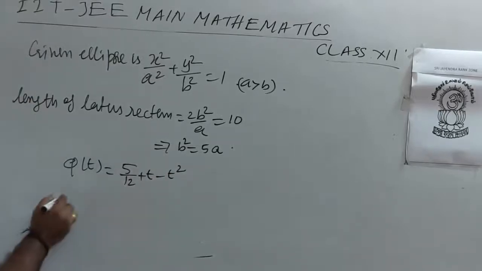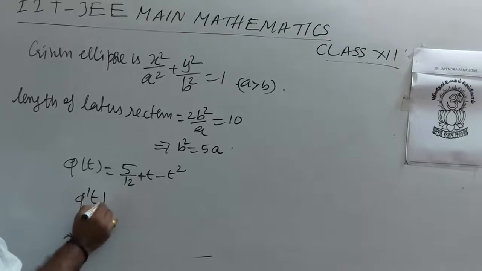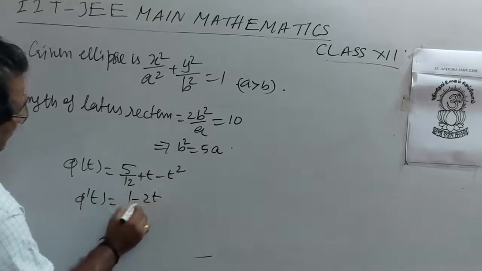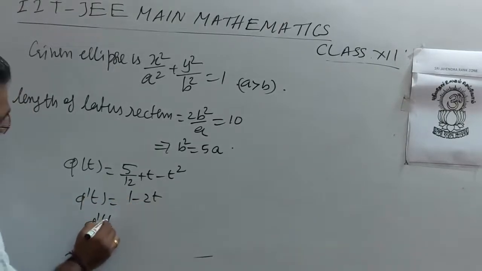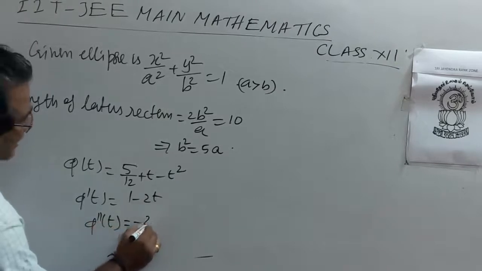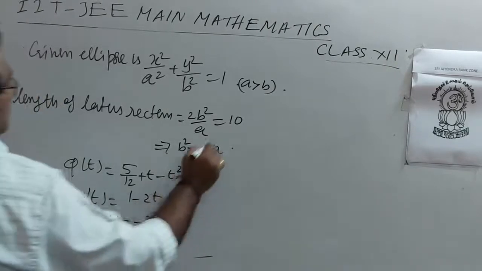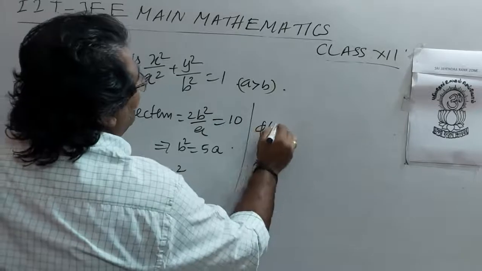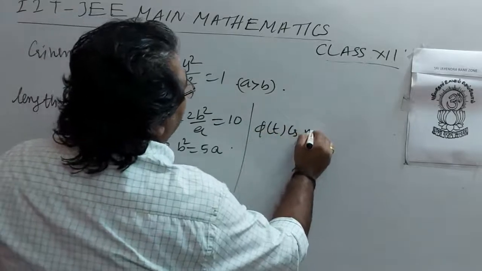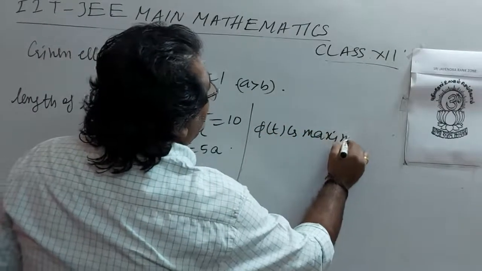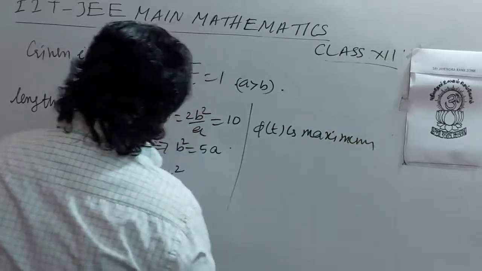To find extreme values, you have to find the first derivative: 1 minus 2t. Second derivative is minus 2, which is less than 0, which means phi of t is maximum.